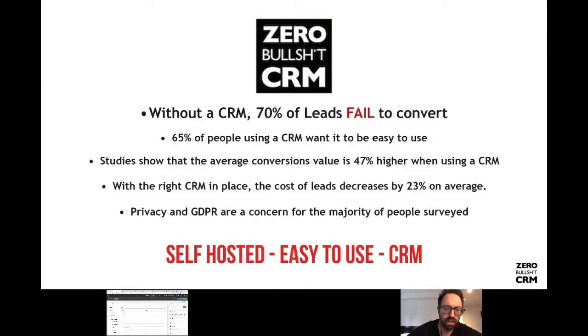If I make a new lead, you can fill in as much as you want here, and I've got a couple of custom fields already, which I will show you. Again, just do a random email.